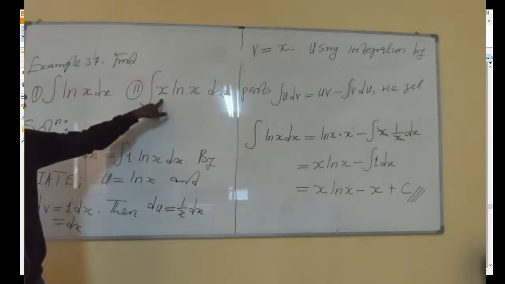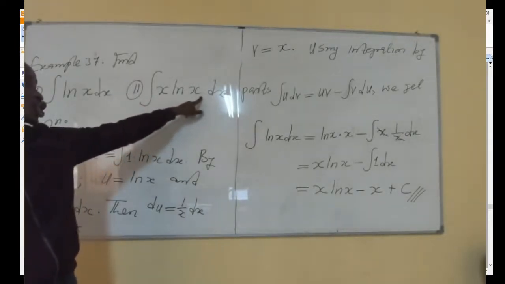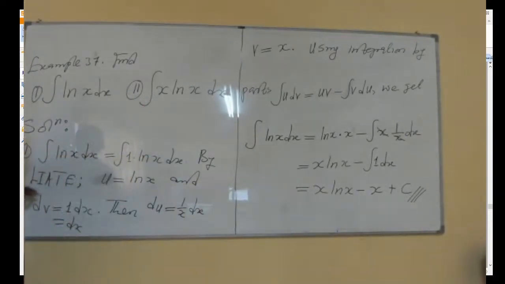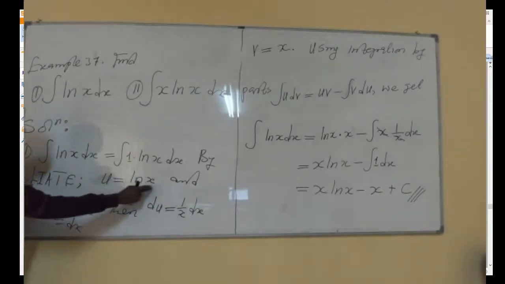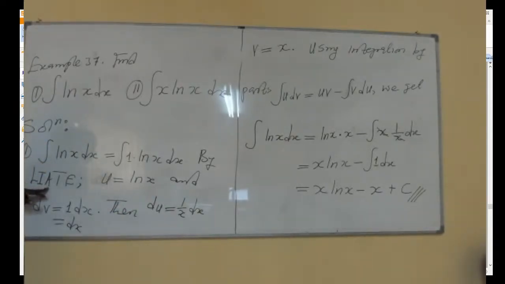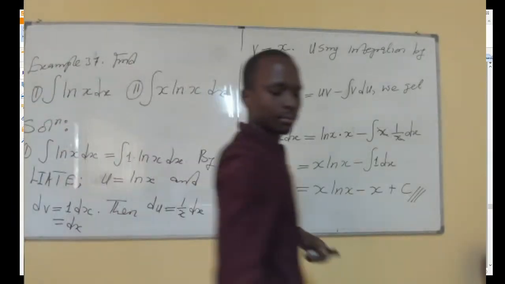In short, if you look at LIATE, our logarithmic function, the ln of x, will be our u. Our algebraic function is in the third position, it will be our dv, isn't it?